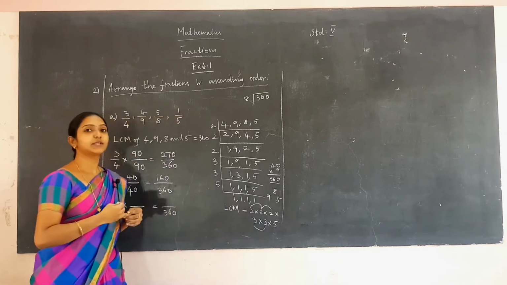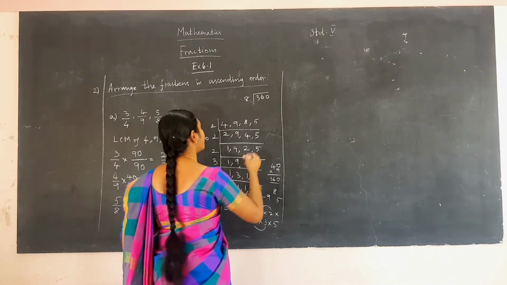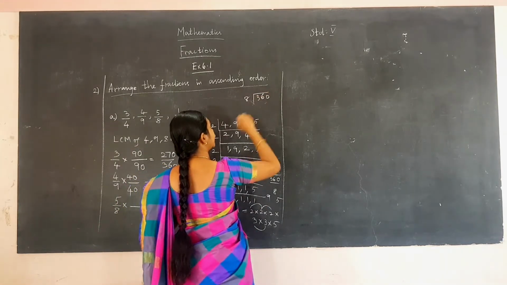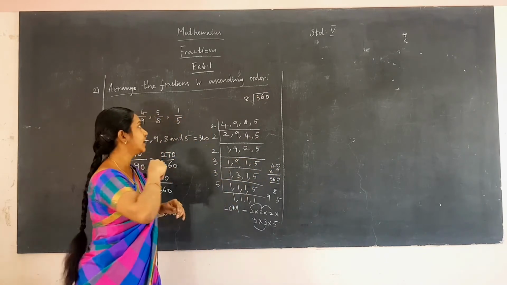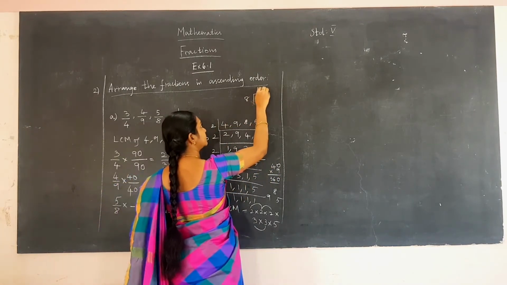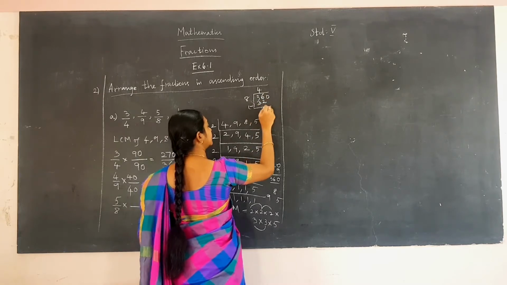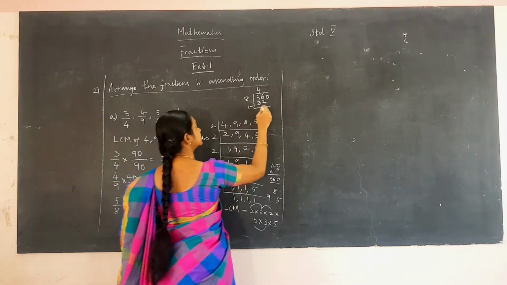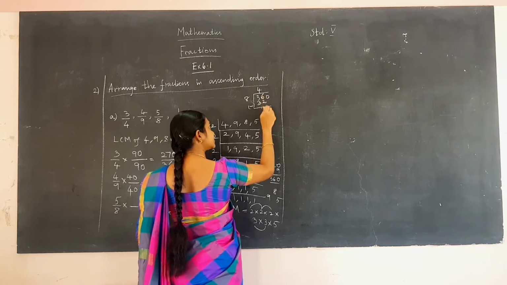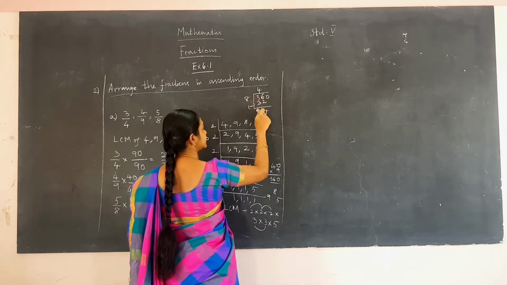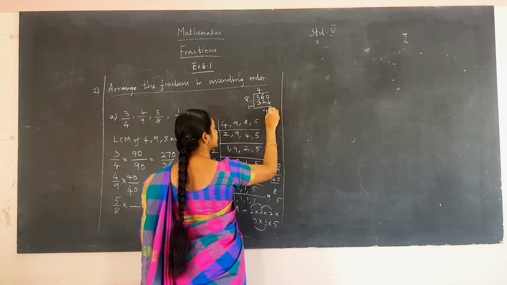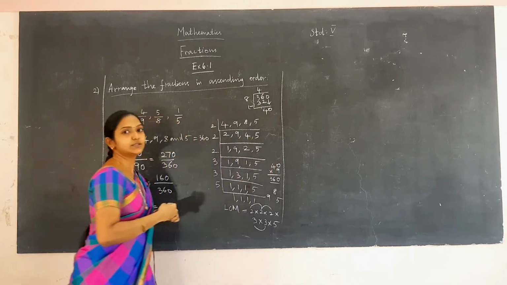One 8 is 8, 2 8s are 16, 3 8s are 24, 4 8s are 32, 5 8s are 40. 8 4s are 32. So write 4 and subtract. We have 6 minus 2 is 4, 3 minus 3 is 0. So we have to bring down this 0.